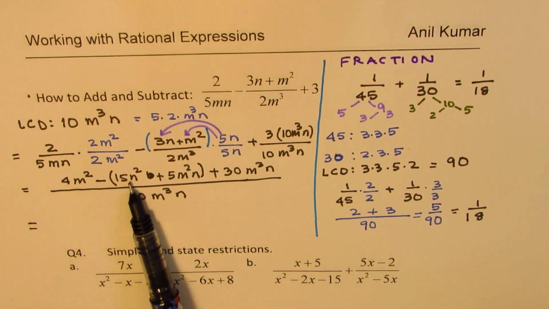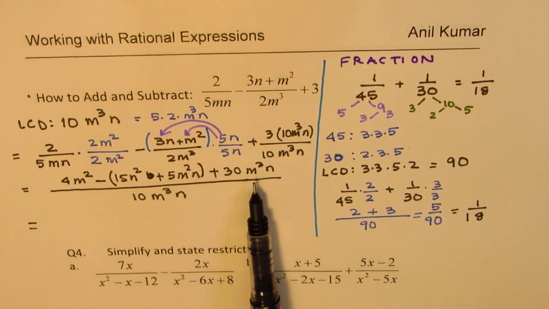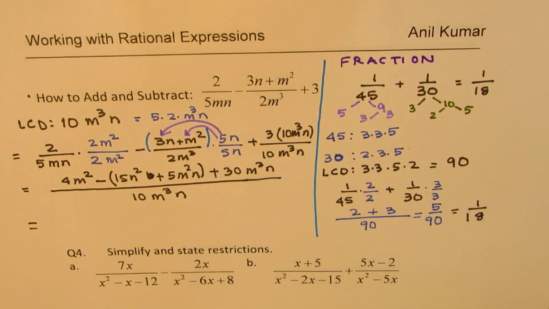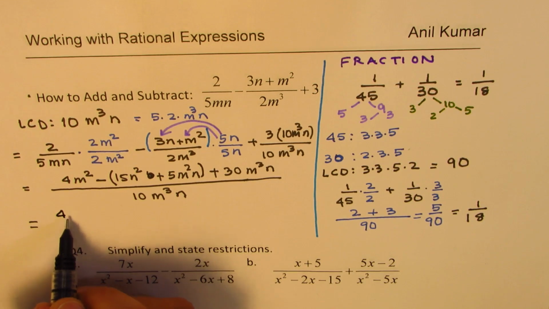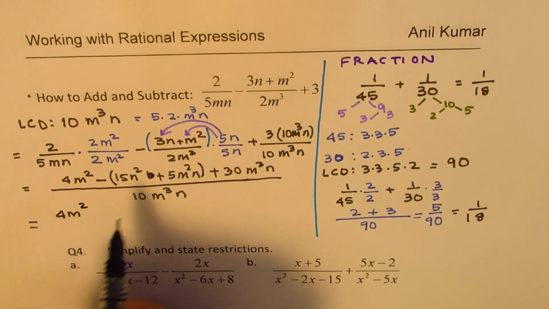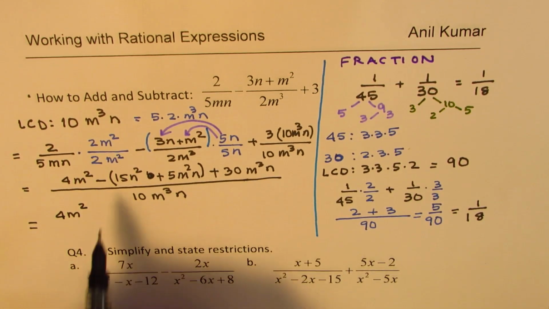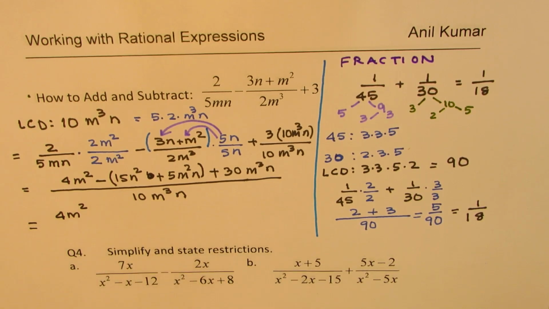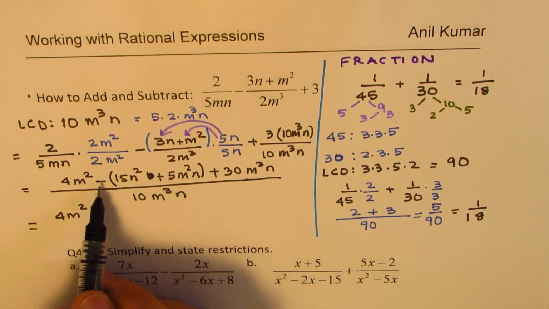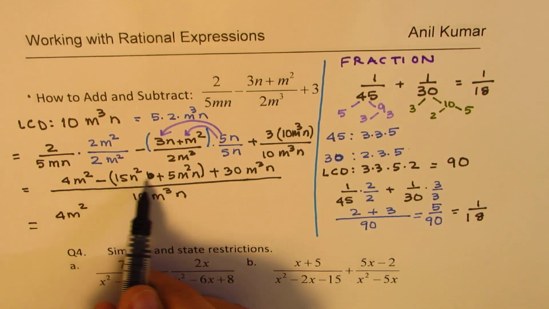Now, if you see this, literally, there are no common terms, right? So there are no common terms in this. So we'll just open the bracket and rewrite. At times, you will have common terms, okay? So this is just an example to illustrate the process. Okay, so when we open this bracket, signs will change.